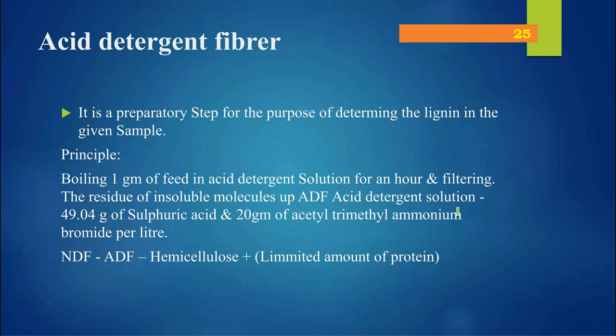A small quantity of the material is taken, and there are several protocols which can estimate the lignin content. Number one is boiling 1 gram of the feed in acid detergent solution for an hour. Then we need to filter it.